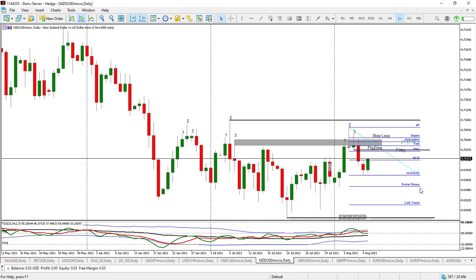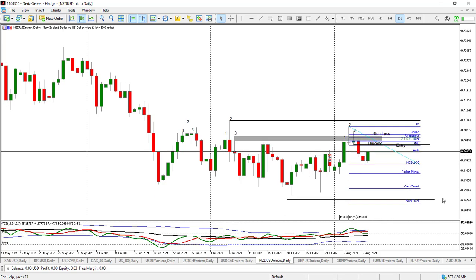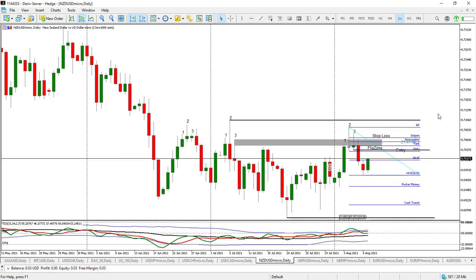And then this point will be my first TP, the second TP, and then lastly taking out this low will be my last TP. This is what I'm expecting from this market, to test the fair market value zone and then target the low of this previous low that was created.